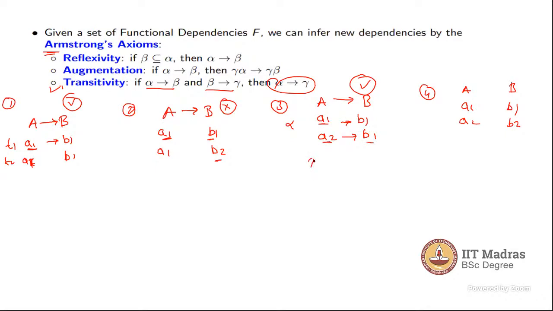But in this case, B determines A does not hold true. And in the fourth case, A1, B1 and A2, B2, the functional dependency holds true here, and B determines A also holds true.